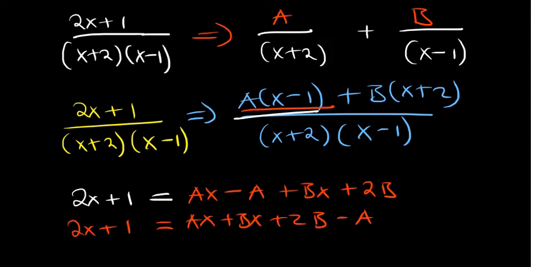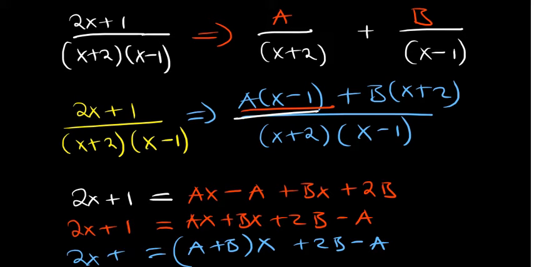So we need to find the values of A and B. I can easily factor out the x there. If we do factor out the x, we have (a + b)x, equal to 2x + 1.